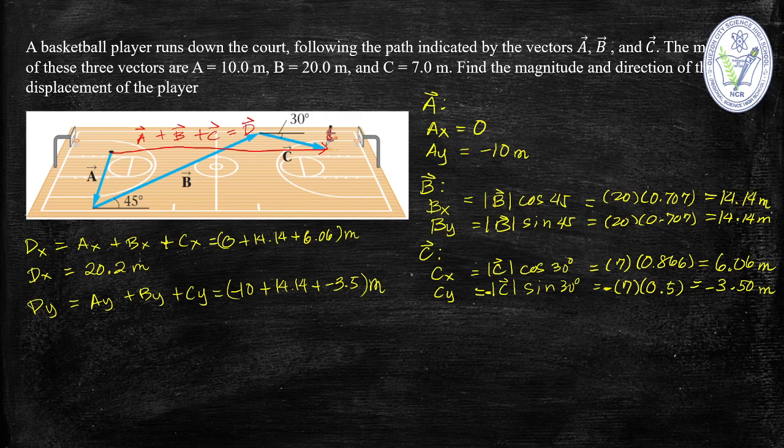So negative 10 plus 14.14 plus negative 3.5. That would give us an answer of 0.64 meters.